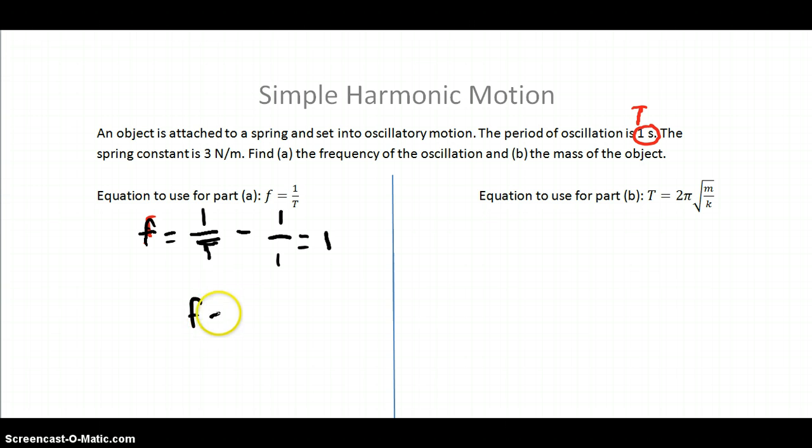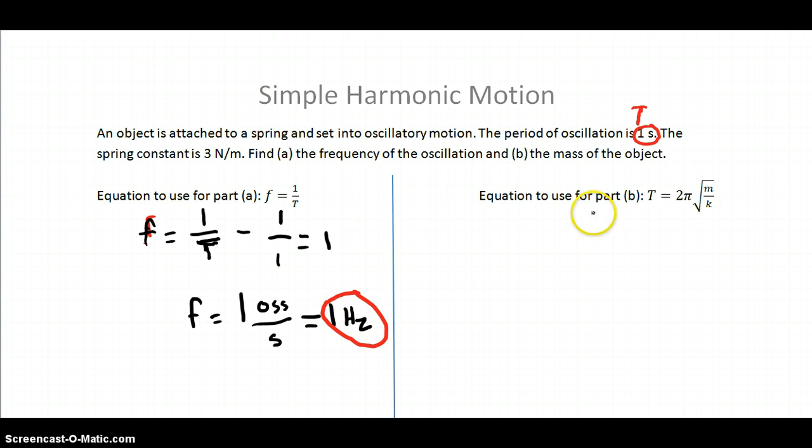So the frequency is 1 oscillation per second, also known as 1 hertz. That's the final answer for part A.